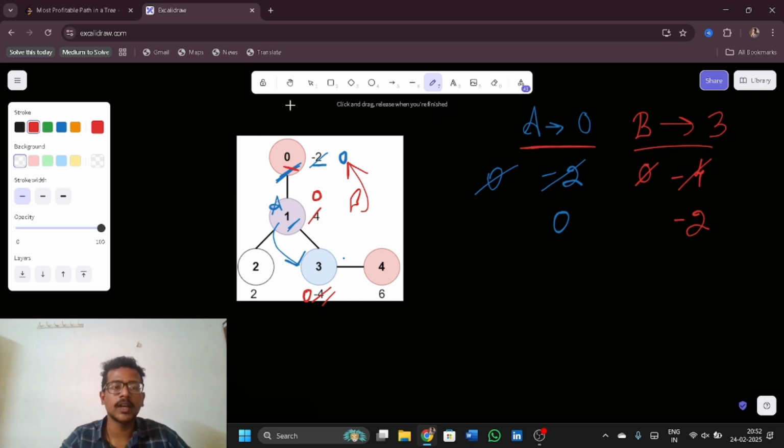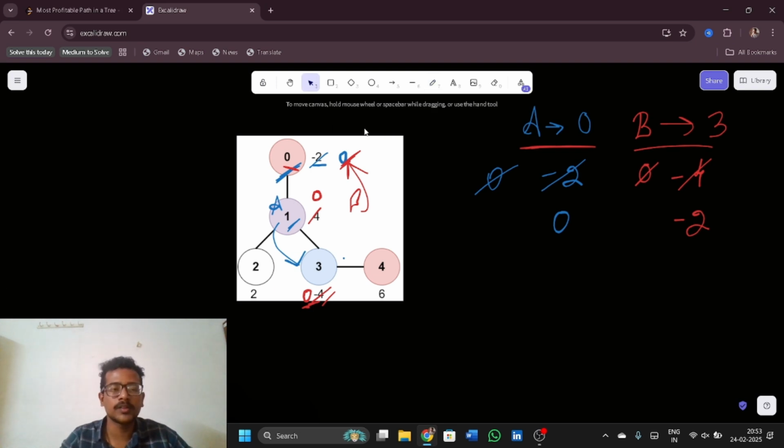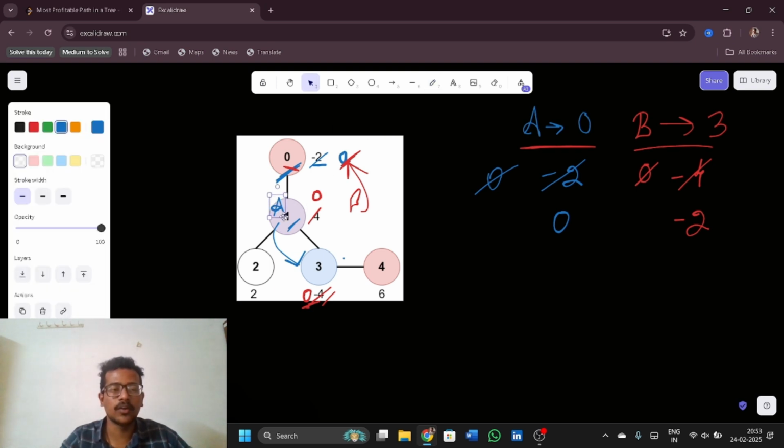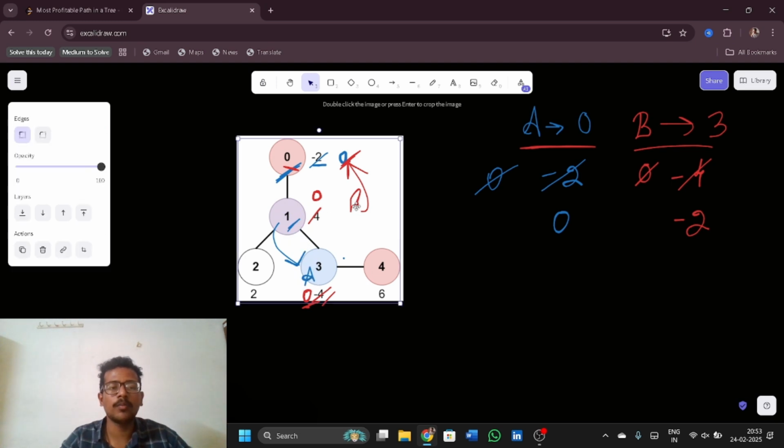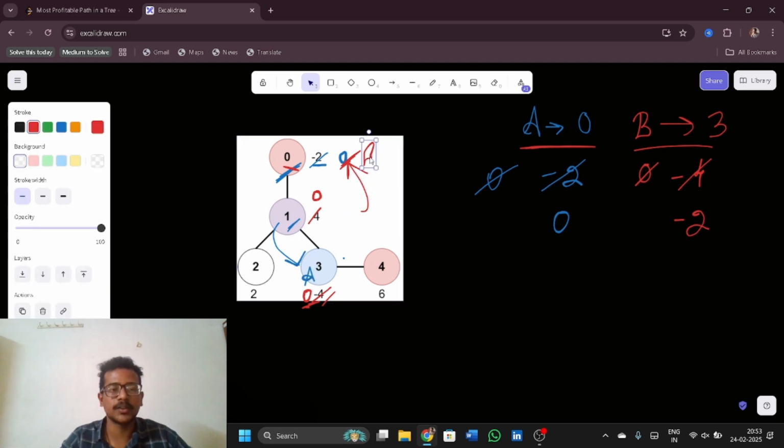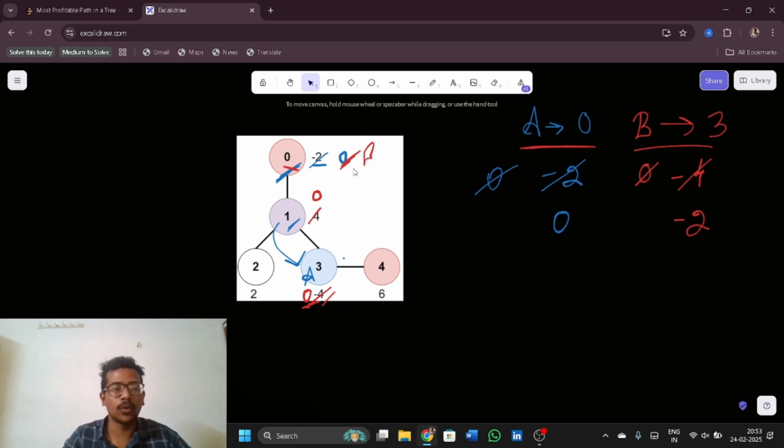But before that, the value to open the gates at both are 0. So there will be no change to Alice and Bob. So Alice is at node 3 and Bob is at node 0. As I said, Bob's goal is to go to node 0 and he reached his goal.